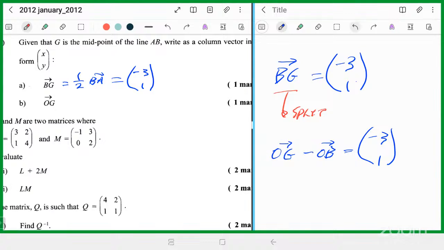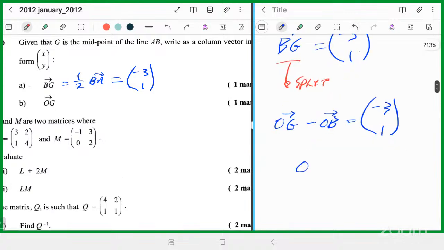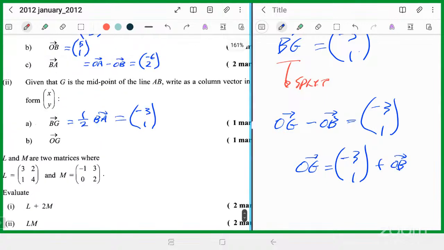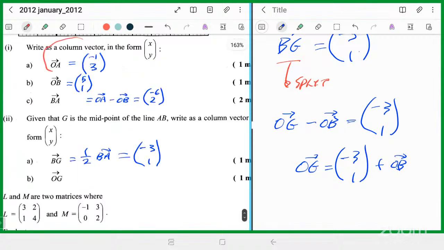We transpose the OB over there and make it positive. So the OG becomes -3, 1 plus the vector OB, and the OB we have up here. It is 5, 1.